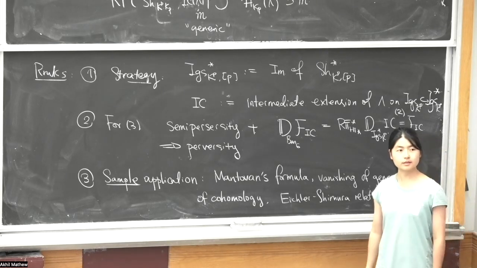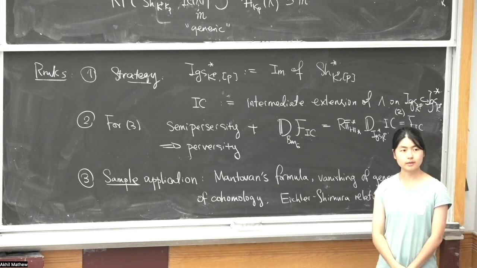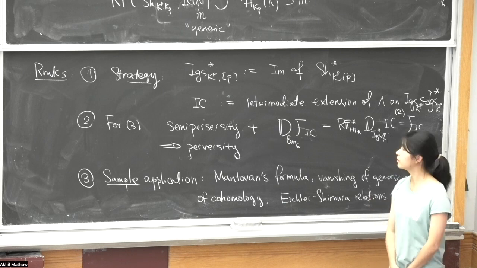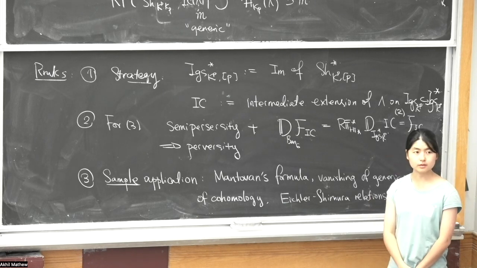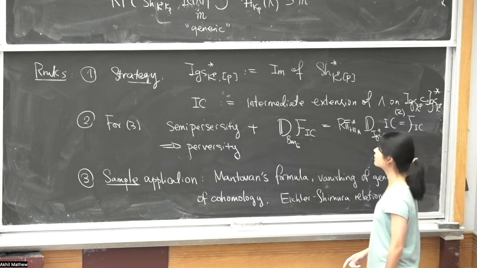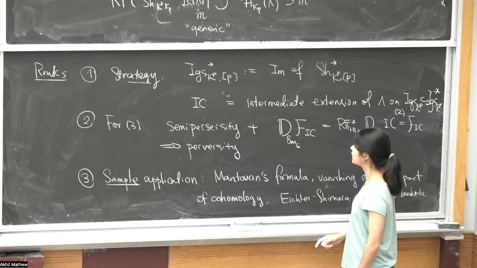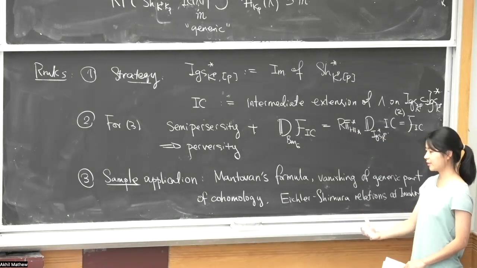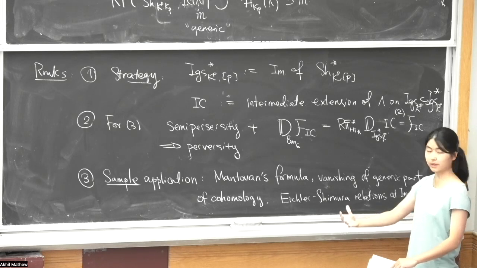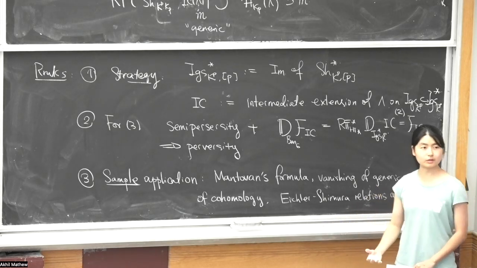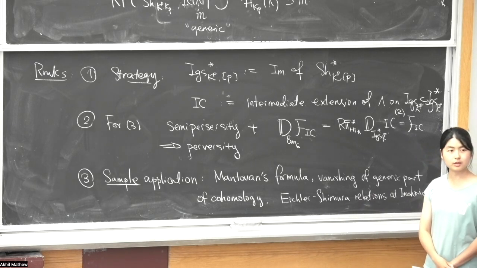In this setting, if you localize at a non-Eisenstein ideal, do we recover normal cohomology? Sorry, if you localize intersection cohomology at a non-Eisenstein ideal. I think if we put ourselves in the situation where this global maximal ideal you're talking about has an attached Galois representation, then the same thing should hold true.